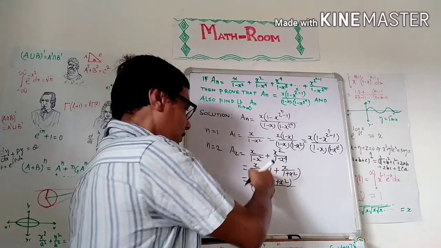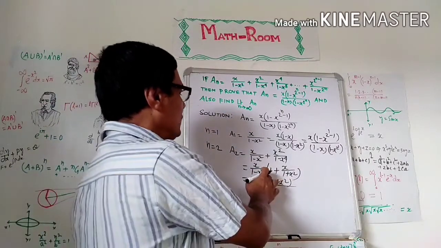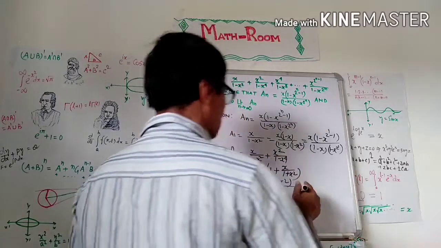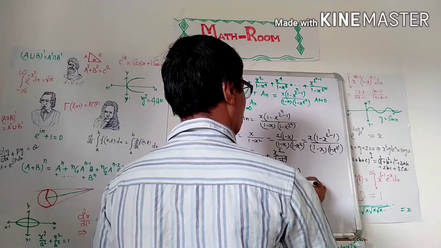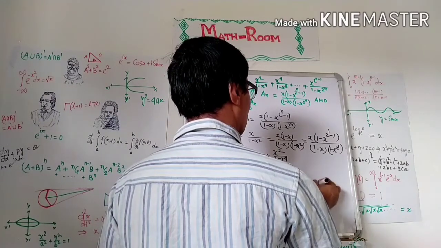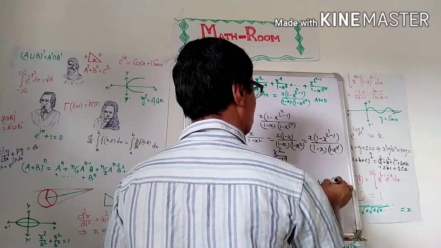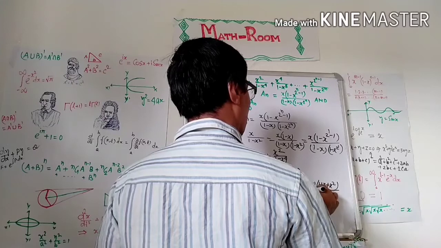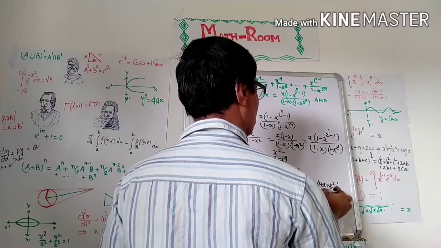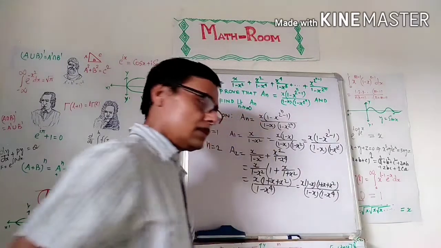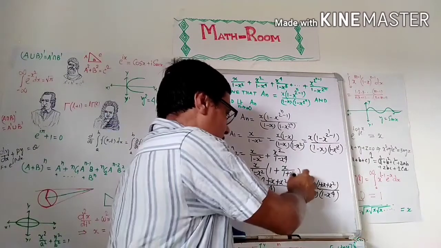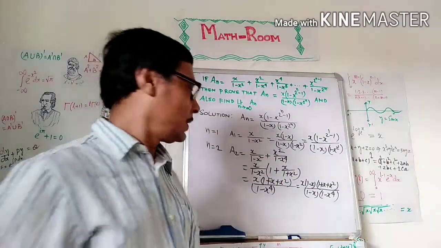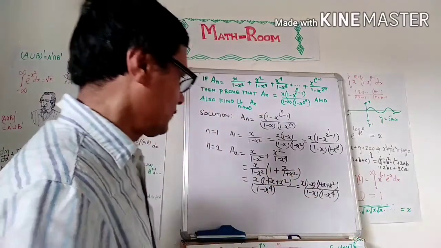Again, we multiply the numerator and denominator by 1 minus x, and we get x into 1 minus x, 1 plus x squared over 1 minus x into 1 minus x to the power 4.